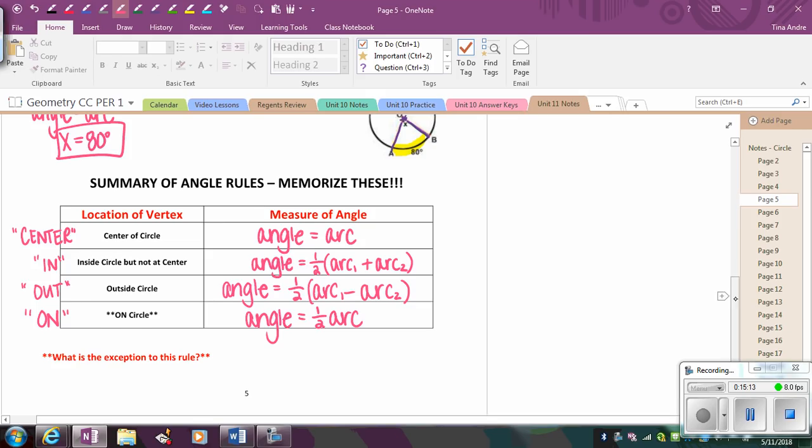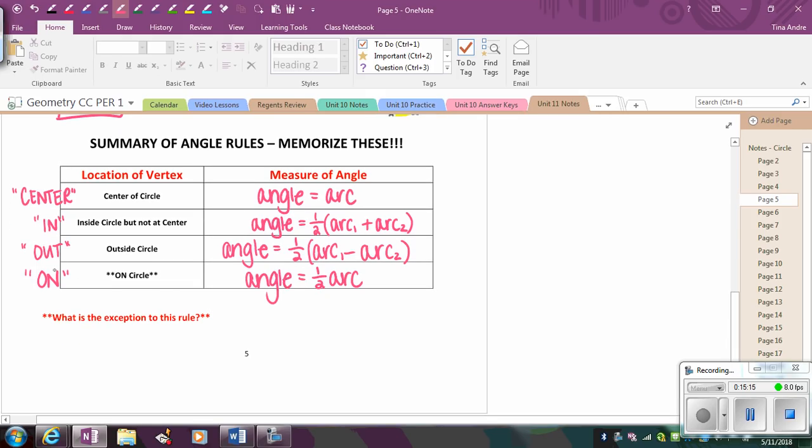One of the scenarios that we did not talk about for on angles, so I'm just going to sketch a picture, is the exception to this rule for on angles. We didn't consider a situation where you have a chord and a secant. So something like this. In this picture, we have a secant, that purple line crossing through, and we have a chord.